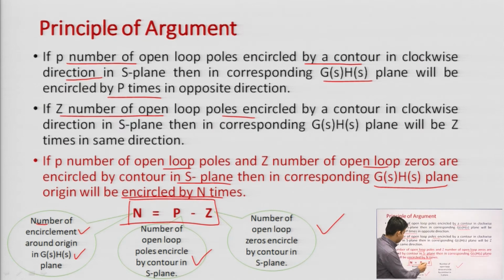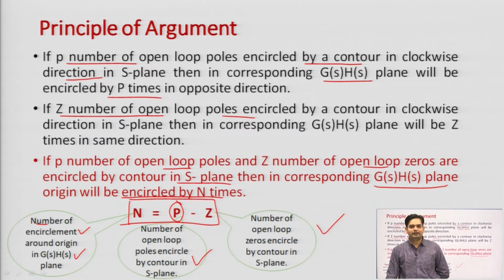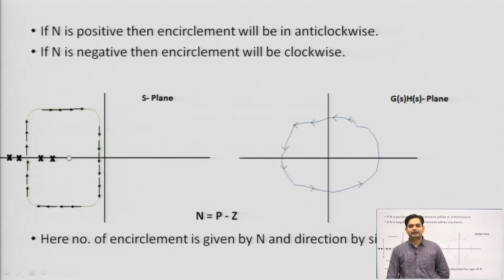So, why P minus Z? Because of a pole I was getting anti-clockwise movement, and because of a 0 I was getting clockwise movement, so that is why it is subtracted here, P minus Z. This is the principle of argument that we have to use for the Nyquist criteria.